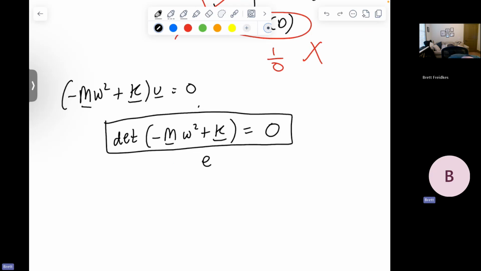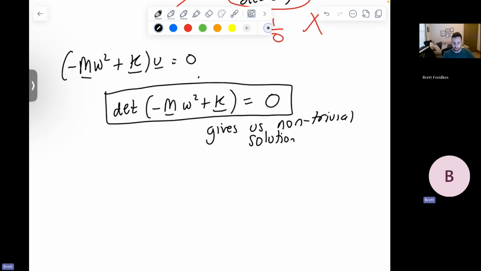This will ultimately give us non-trivial solutions, meaning we have motion. Motion is good. We want to see what's happening from a physical perspective so we can predict and estimate what these masses are going to be doing in this situation. This gives us a non-trivial solution if the determinant of that is equal to 0.